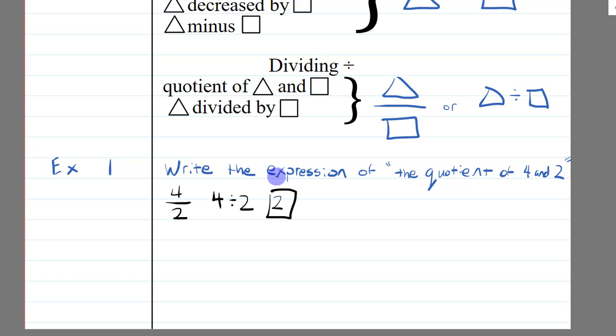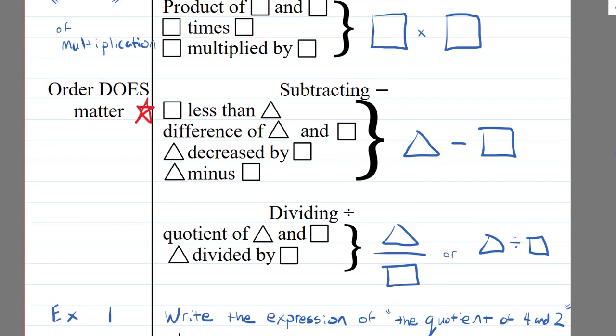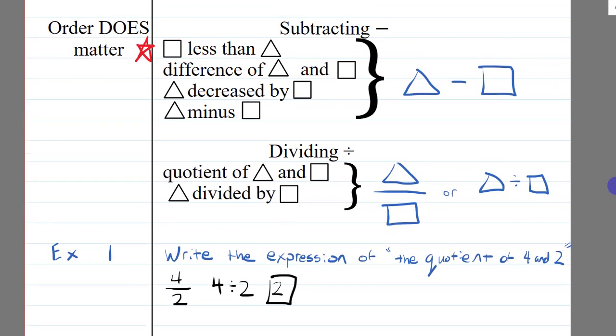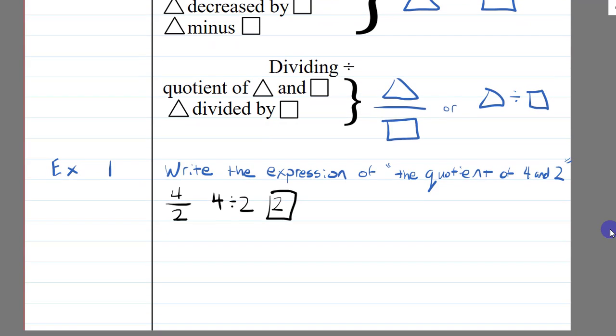Let's try another one. Let's try just a different one, not necessarily a harder one. Let's do example 2.